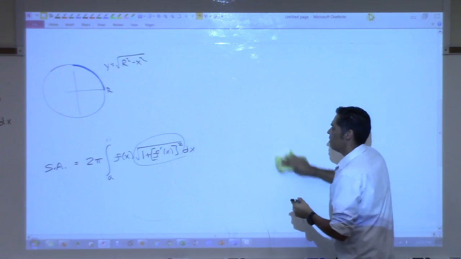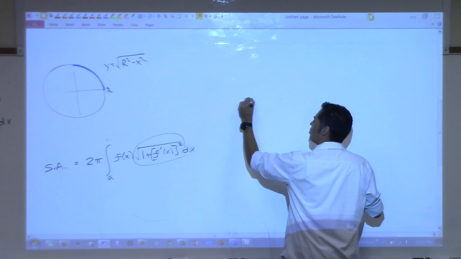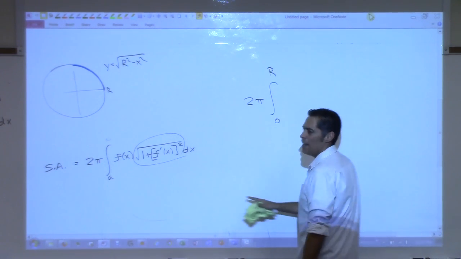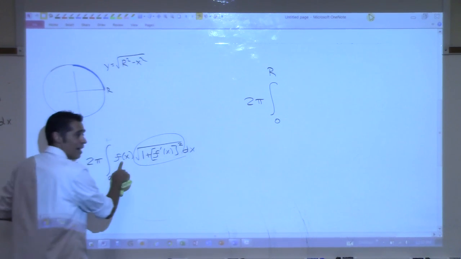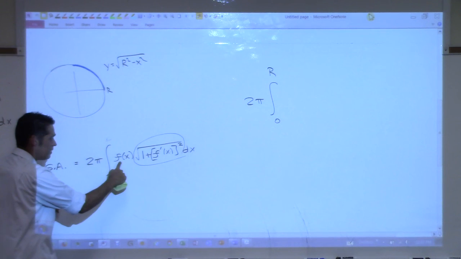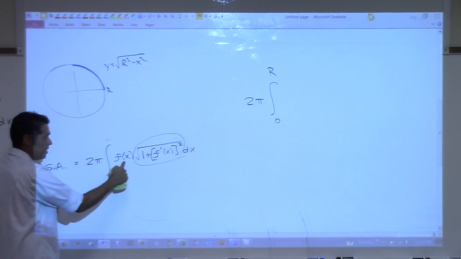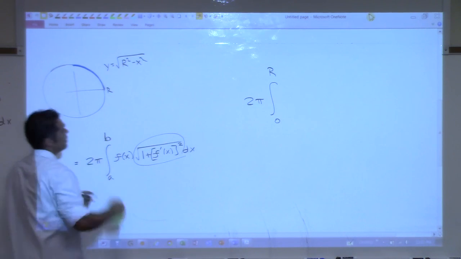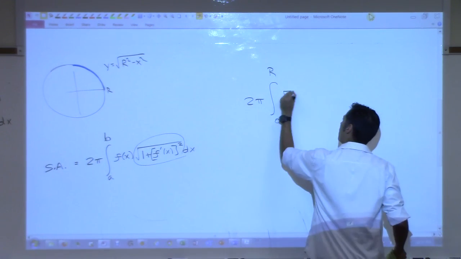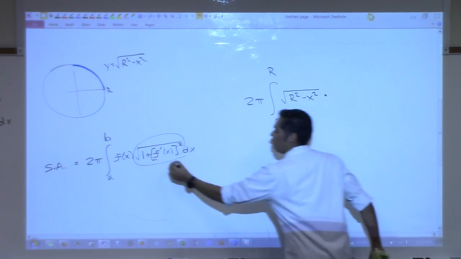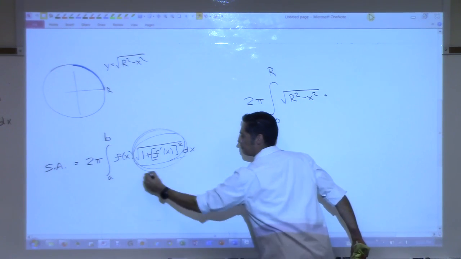So let's see. Our formula for the surface area should be 2 pi, integral still 0 to r, but now what we have to put in here is this. And if you look in your notes from just a second ago, we have this already. So this right here for us is what? It's the original function, which is the square root of r squared minus x squared, times, now what did we just have in our notes for this?